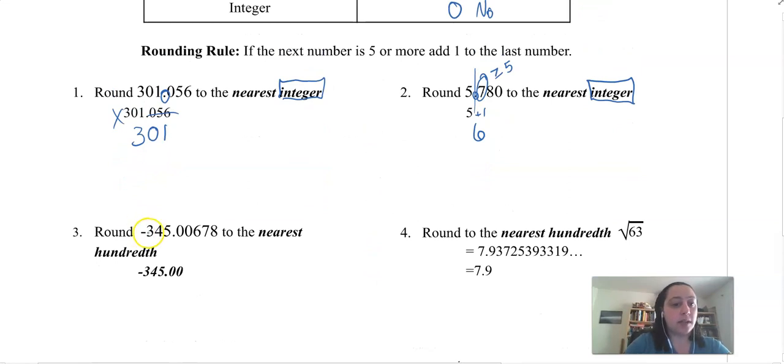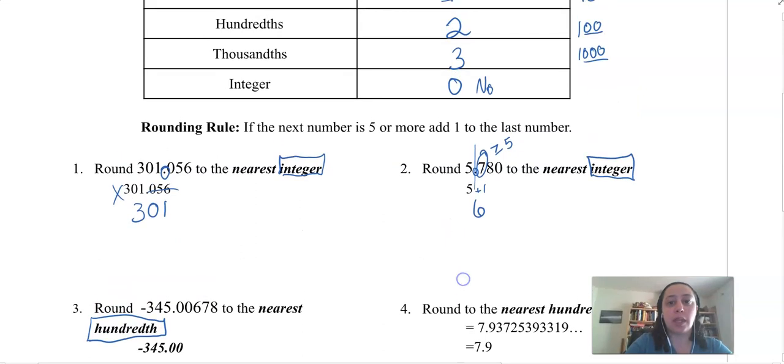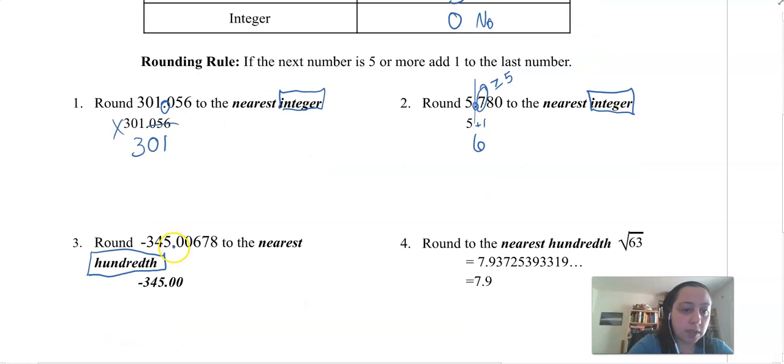Round negative 345.00678 to the nearest hundredth. So first thing, I see hundredth. Hundredth has 2 decimals. So we count from the decimal point, 1, 2, we write a line. We're going to cut it off there.